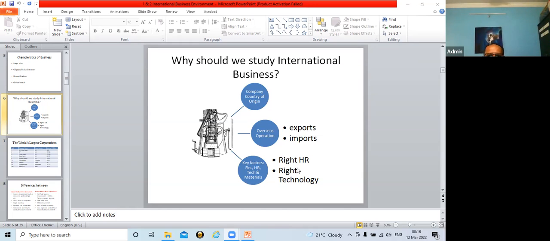Like you might be aware, most of the Indian doctors and nurses are being hired by USA. Am I correct? Most of the nurses and doctors are being hired by USA and Gulf countries. There is a demand for Indian doctors and nurses. Am I correct?